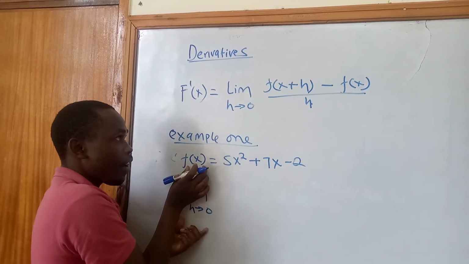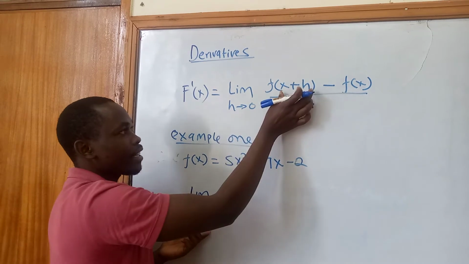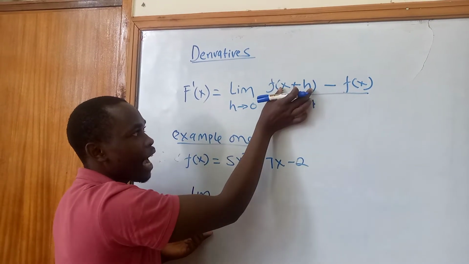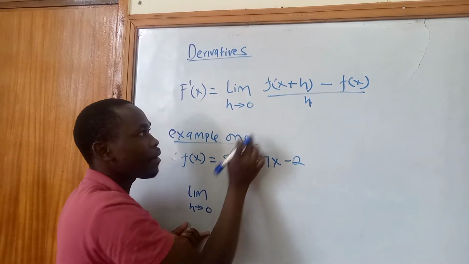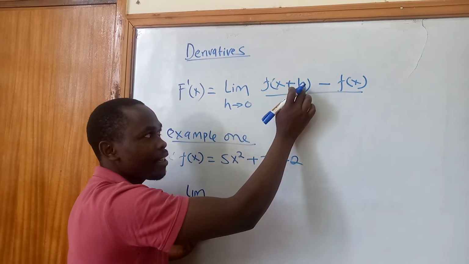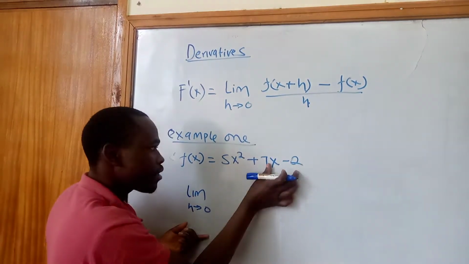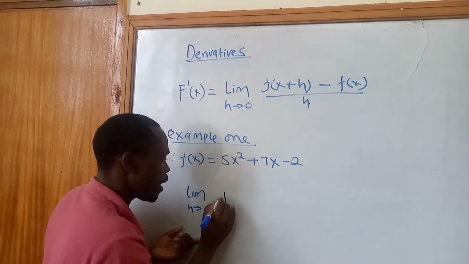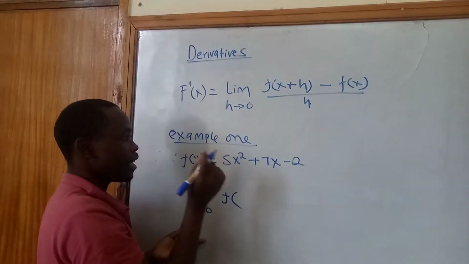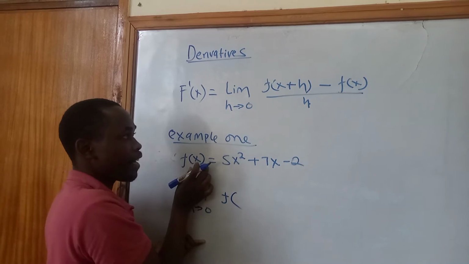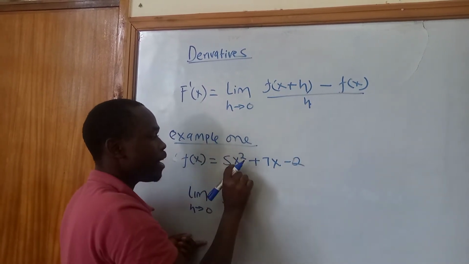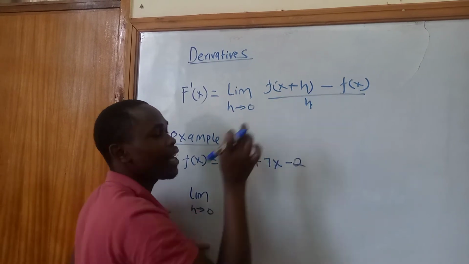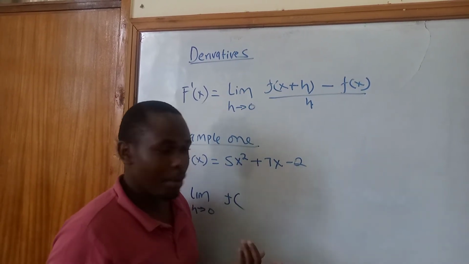This is our f of x. Whenever I have x, I replace it with x plus h in this function. Then it will be f of x plus h. Instead of f of x, in this function, in place of x, I'm going to write x plus h. I hope we are together.